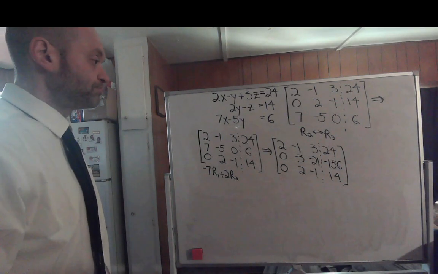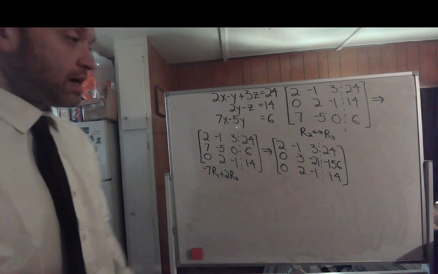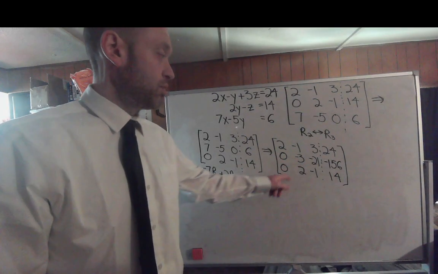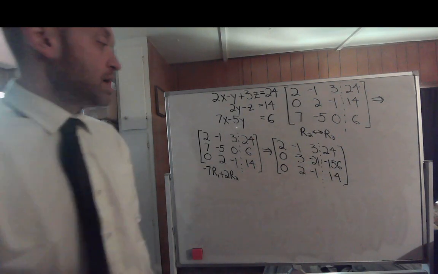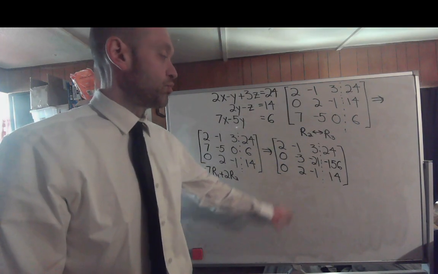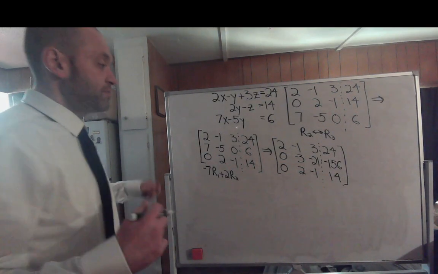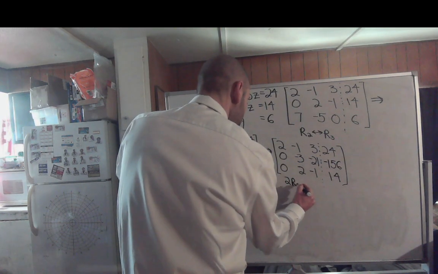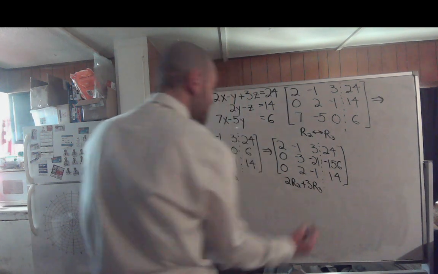Alright. Now, we got our first digits in rows 2 and 3 to be a 0. Now we need to make the second digit in row 3 a 0. If I take 2 times row 2 and add that to 3 times row 3, I can accomplish that.